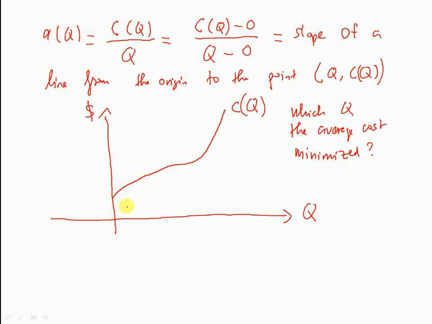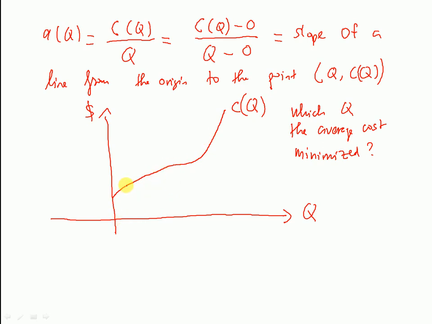So if you are looking for the minimized average cost, this is the same thing as looking for the point on this graph, connected to the origin, that gives you the smallest slope, because this thing is just the slope. So we are looking for the smallest slope from the origin to the graph.